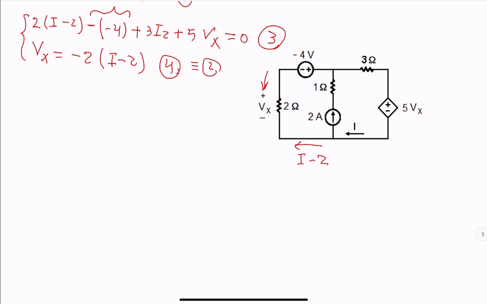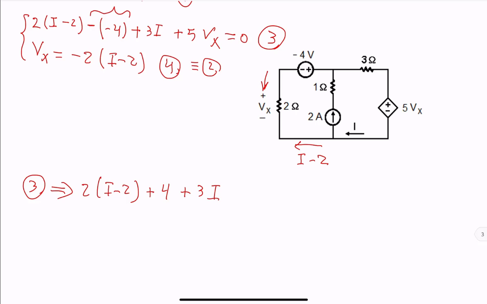So to solve these equations, use equation 3. We are looking at 2 times I minus 2 plus 4 plus 3I. That should be I, by the way.